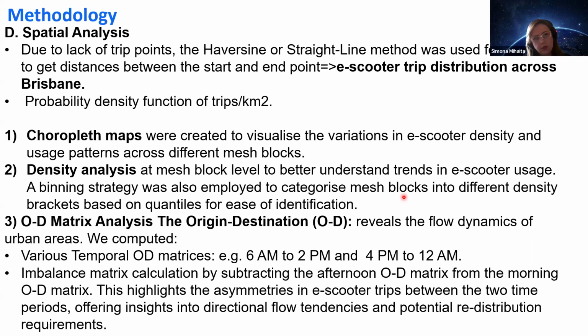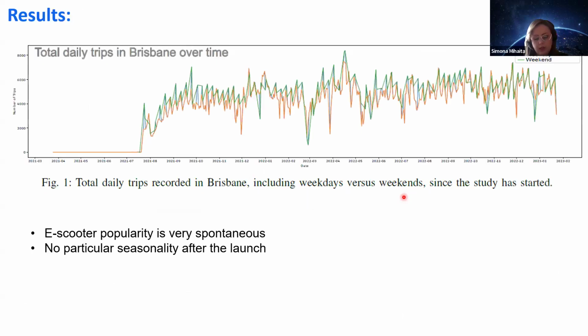So this is it in terms of methodology, and let's have a look into the results and insights with regards to this data set. Now, when we started plotting and looking at the total daily trips in Brisbane since the launch of this service somewhere around mid 2021, we realized that it's a very spontaneous kind of service adoption.